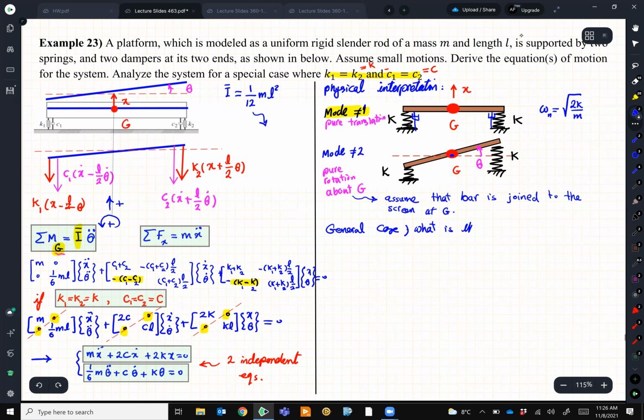What is the condition for this system so that its x and theta are decoupled?